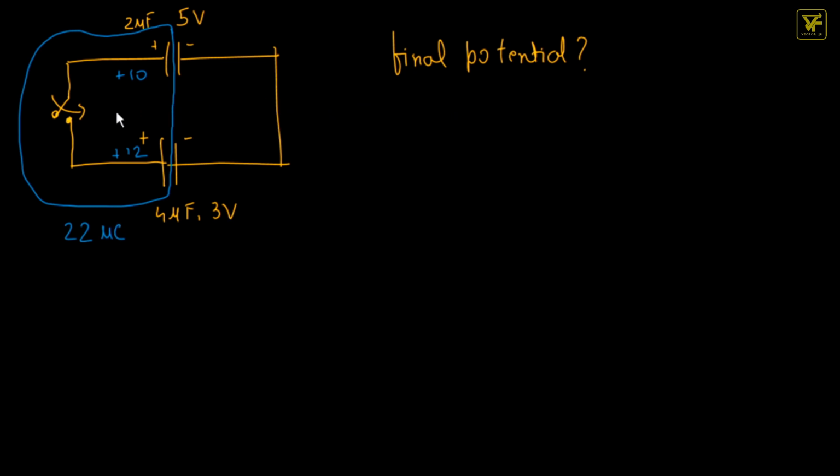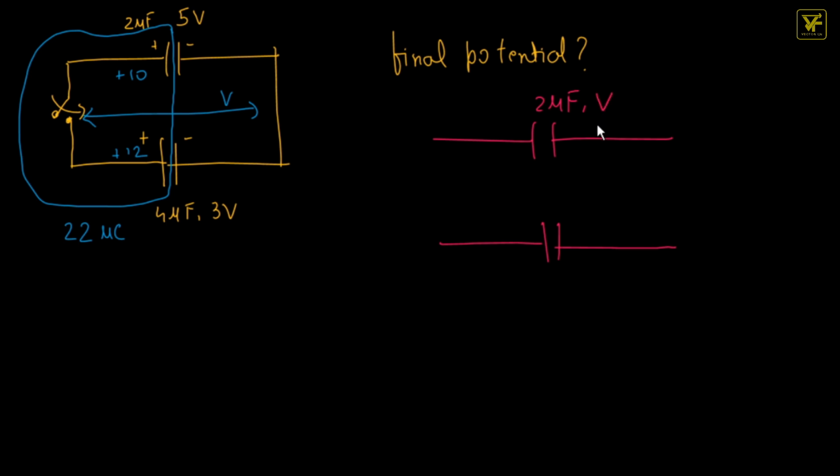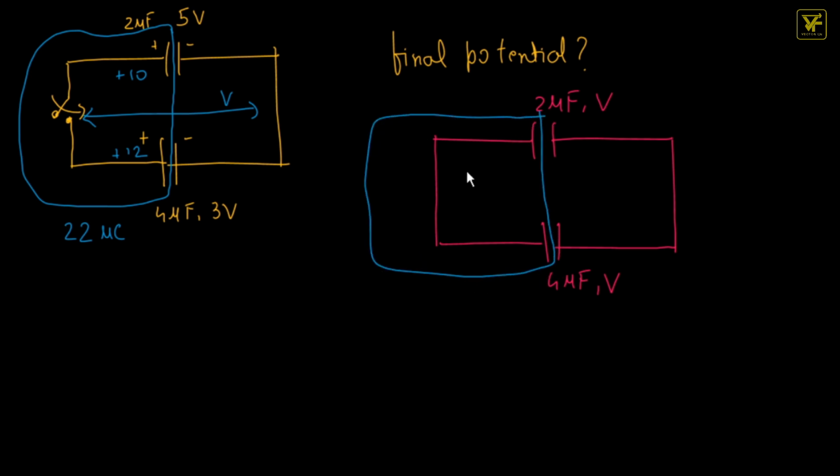Finally the potential across both becomes V. So if the common potential is V, and if I draw the circuit again, this is the 2 microfarad capacitor, and now the potential across this one is V. This one is 4 microfarads, the potential is V, and if they are connected, then if you draw a boundary separating left hand side from the right hand side, this is completely isolated.